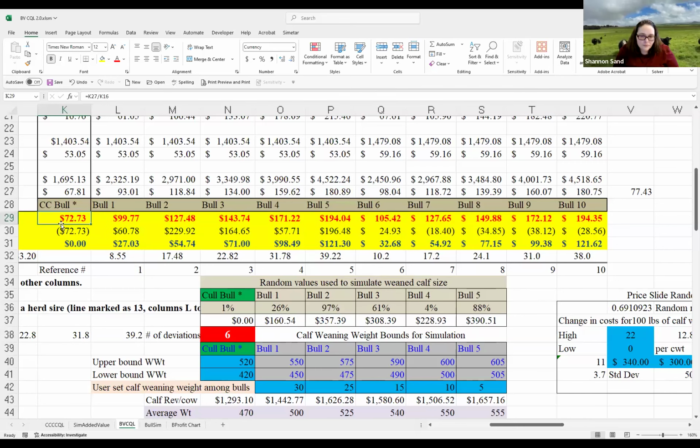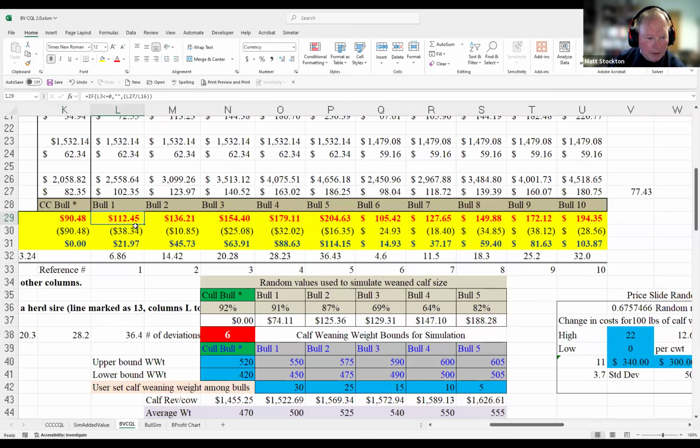Okay, so basically, given the different costs and the different things that are going on, it's changing all this. Well, you can't keep track of that, so I've got a way to do that, and I'll show you that in a second. Then you have these that are on the average. This is the average. So basically a $99 cost is lower. See, that's 112, which is higher than 105.